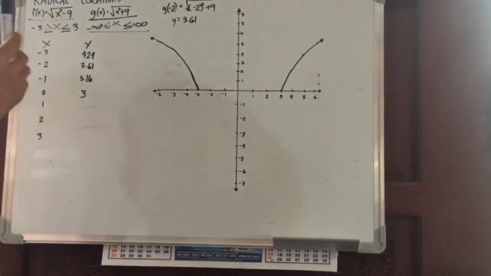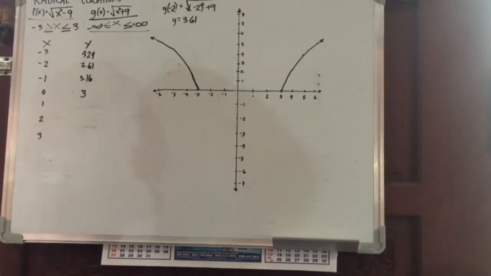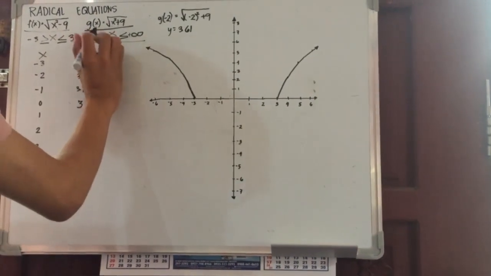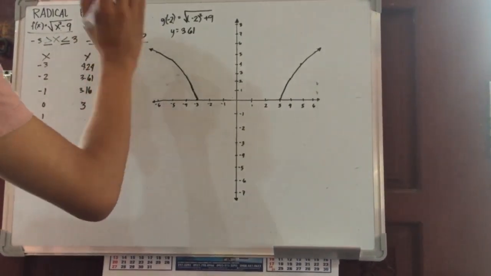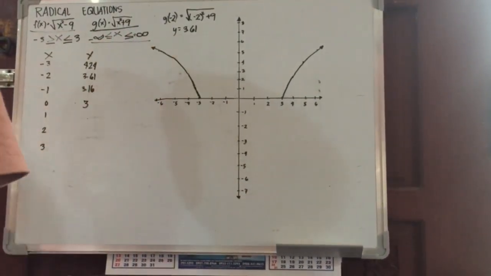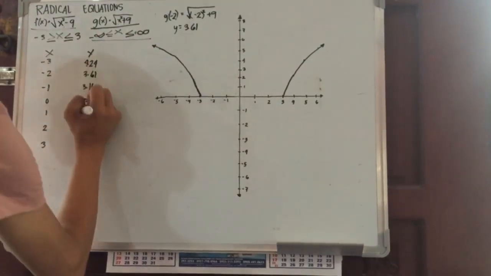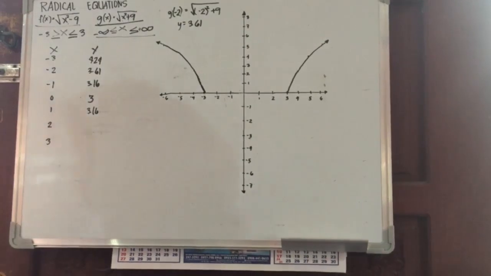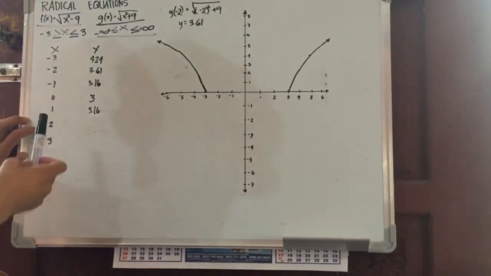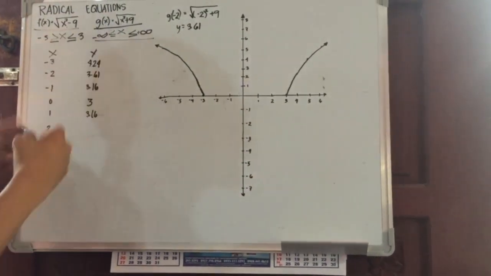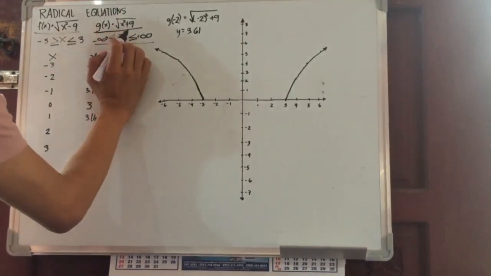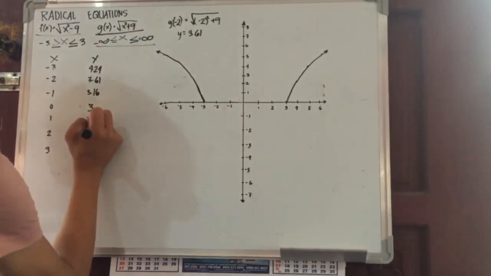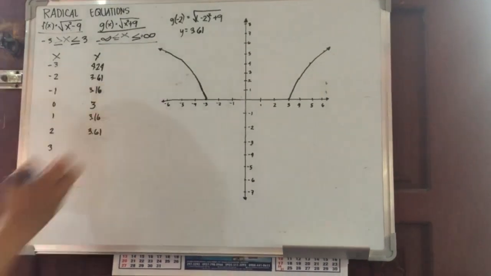For our fifth value of x, we have positive 1. g of positive 1 is equal to the square root of 1 squared plus 9, which is equal to 3.16. Then the next one is positive 2. g of positive 2 is equal to the square root of 2 squared plus 9, which is equal to 3.61.